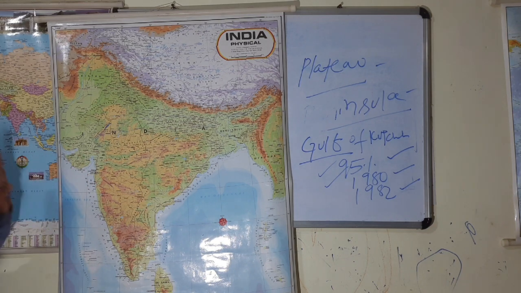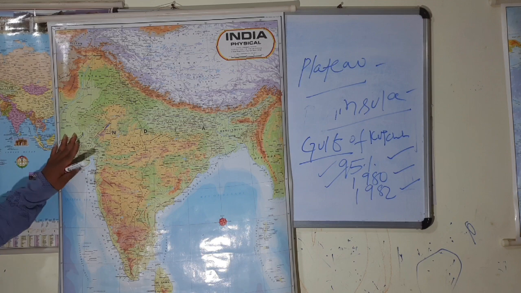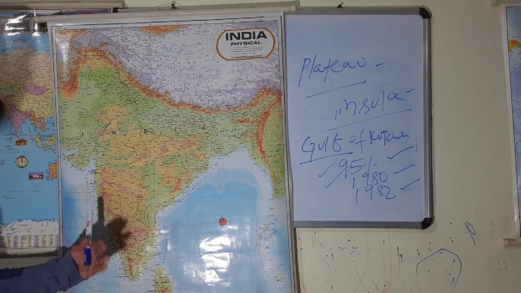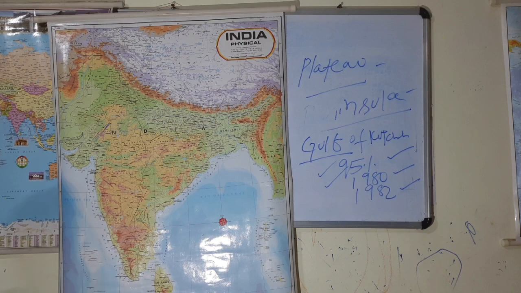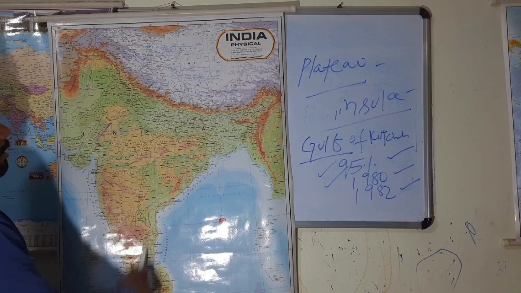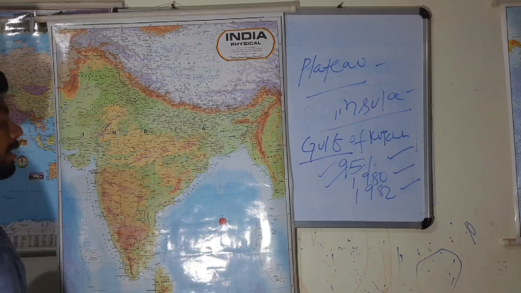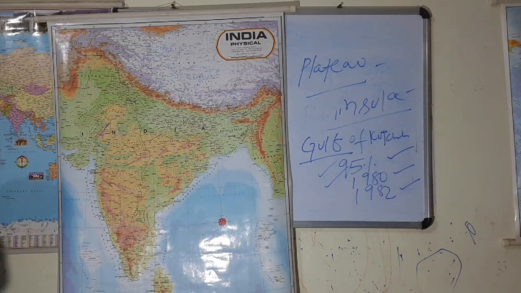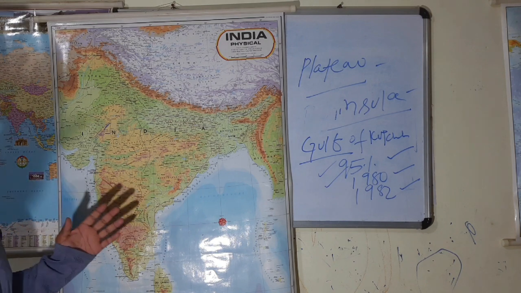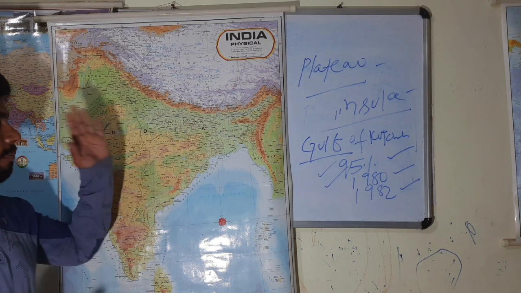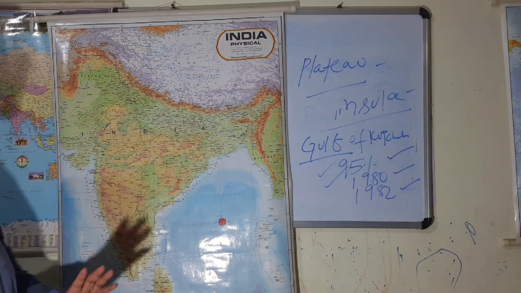Okay guys. So we understood this much about the Kathiawar Peninsula, and the most important topic we are going to discuss is the Peninsular Plateaus. We have understood about plateaus and about peninsulas.